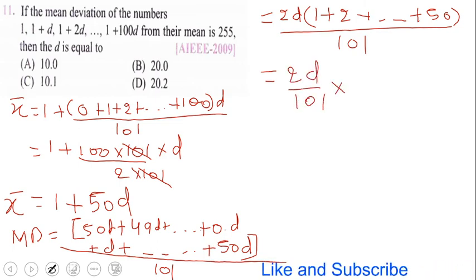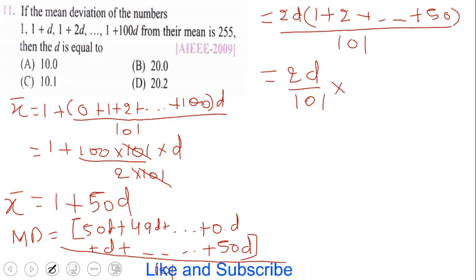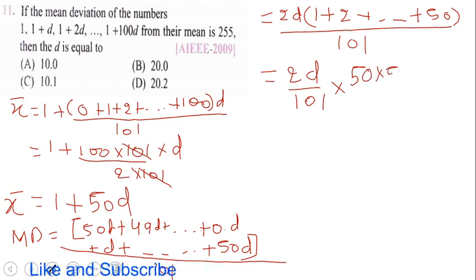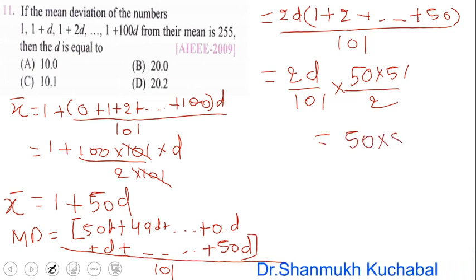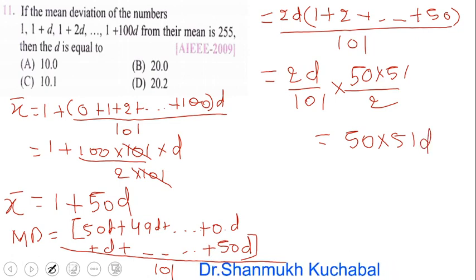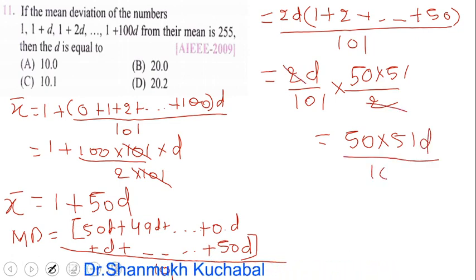So next, use the formula: 2d divided by 101 will be as it is. So 1 plus 2 plus up to n is n into n plus 1 divided by 2. So it is 50 into 51 divided by 2. Simplifying, we are going to get 50 into 51d, 2 cancels, divided by 101.